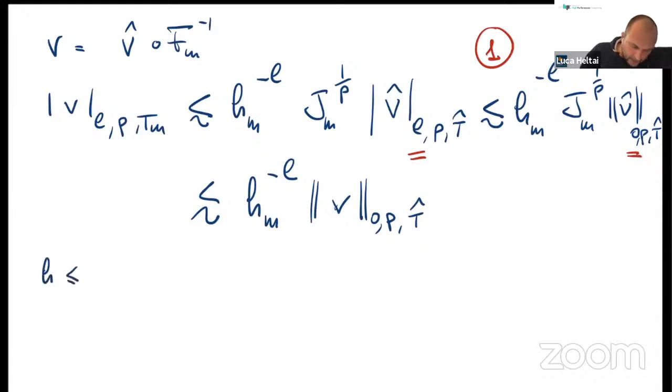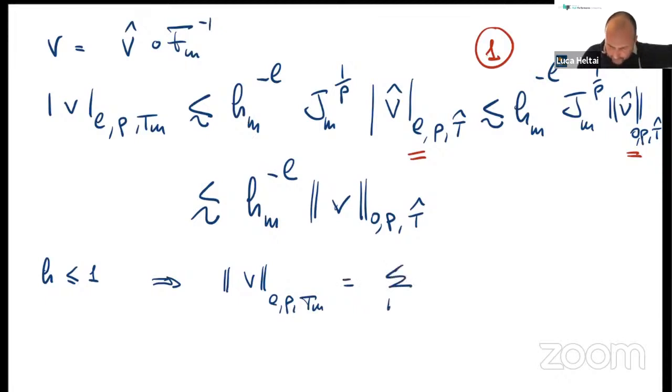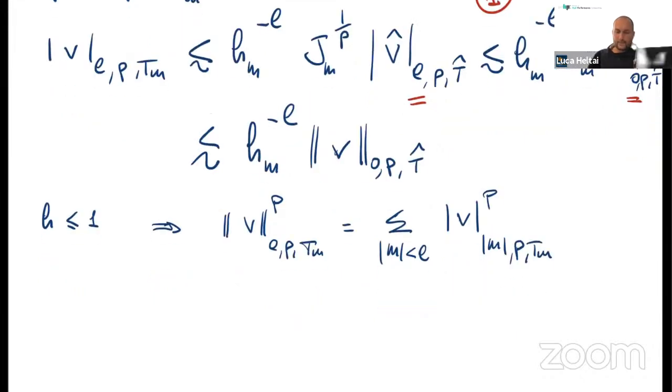And so what I'm asking here, since H is smaller than 1, then I can say that in the sum, the norm V L P T_N is equal to the sum over the M, which are smaller or equal than L, of the semi-norm V. So we have this to the power P, we have this to the power P. And now if you take all the sums, since H is more or equal than 1, the only one that is going to be retained, the largest one, which is the biggest one, is the one with the highest negative power.